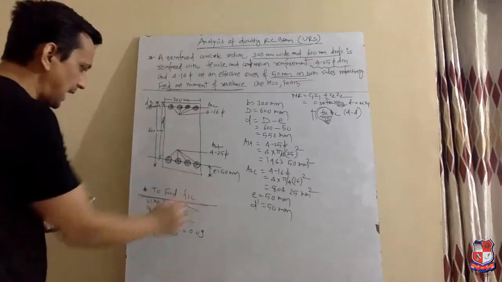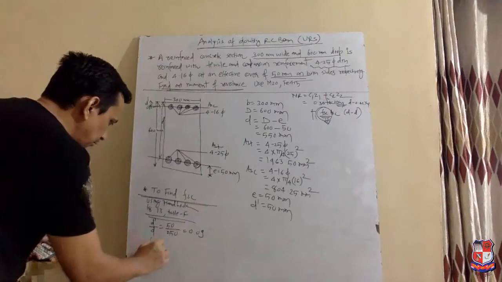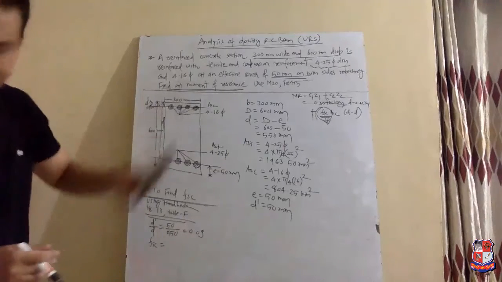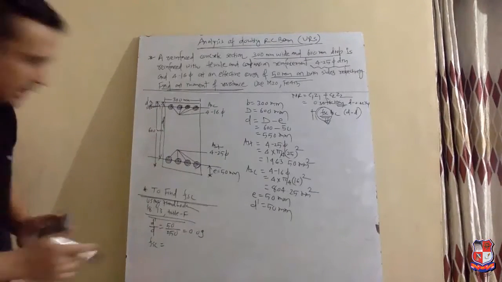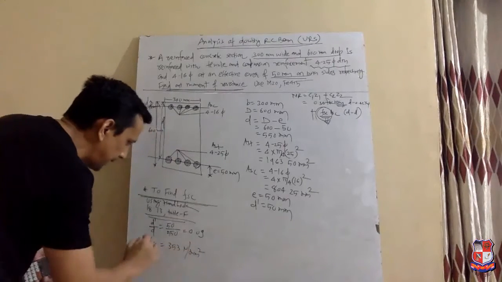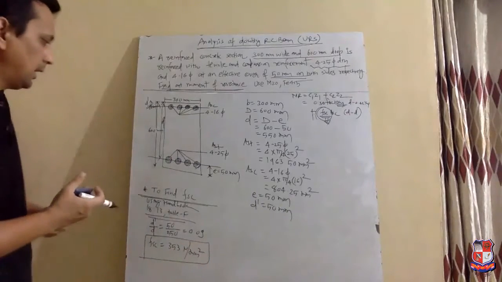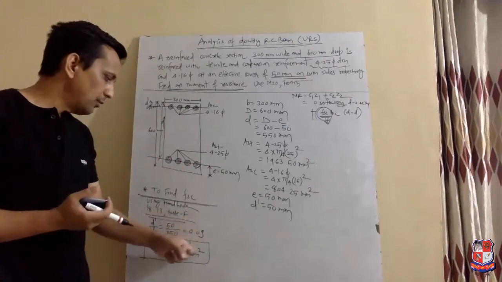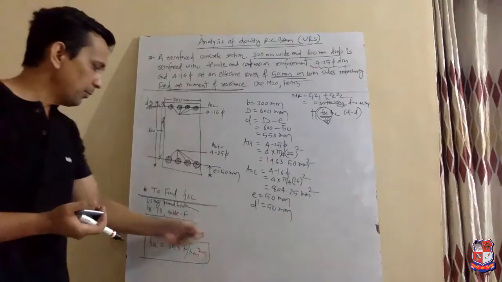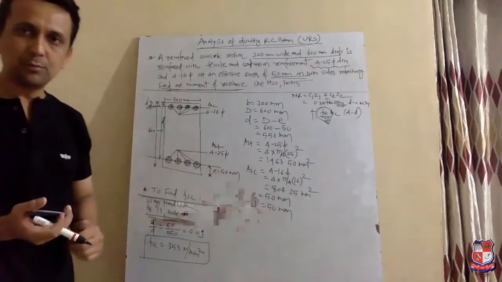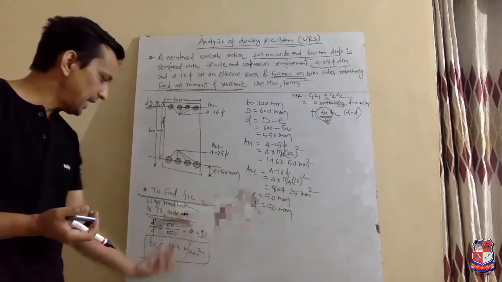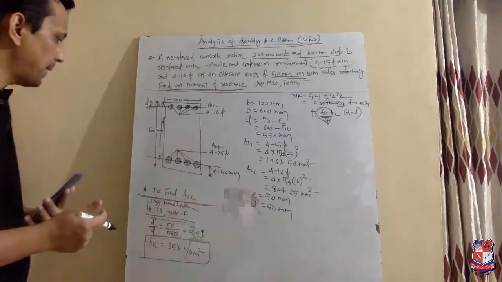And from table F, we get the value of fsc directly, and for grade Fe 415 it is 353 Newton per mm square. In table F, value is given for 0.10, but 0.09 is nearly equal to 0.10. That's why we have taken the value for 0.10 as 353 Newton per mm square.